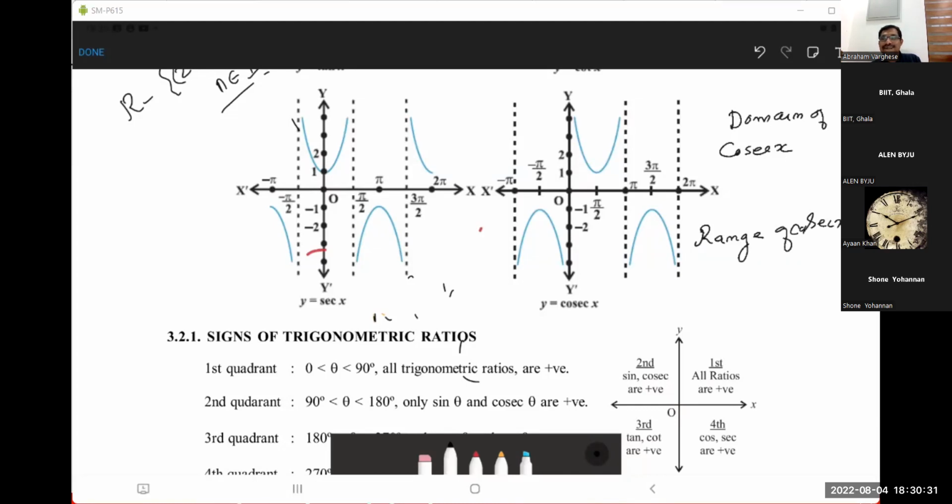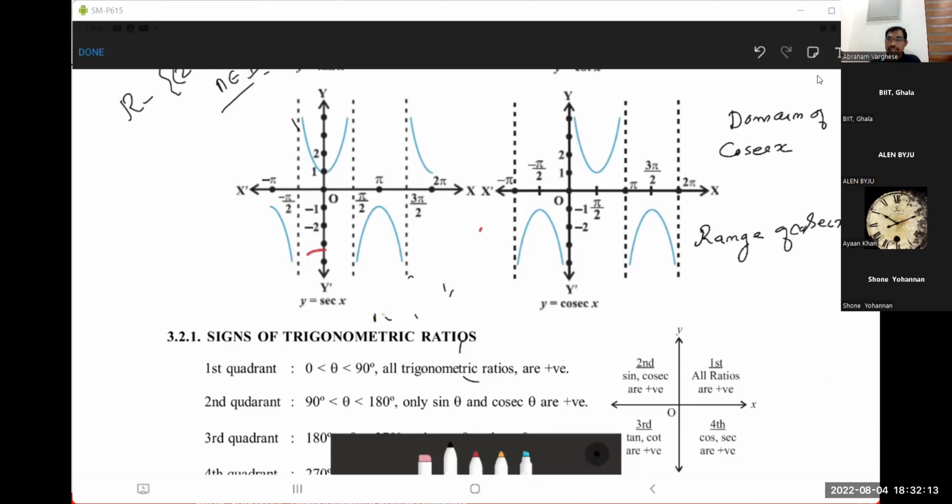Yes, sir, we are there. Oh, okay, fine. Tell me what is the domain of cosecant x and the range of cosecant x. Ayan, what is the answer? Ayan? So I'm doing, sir. Okay.